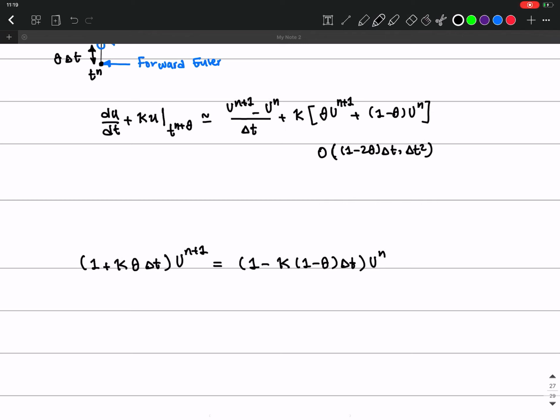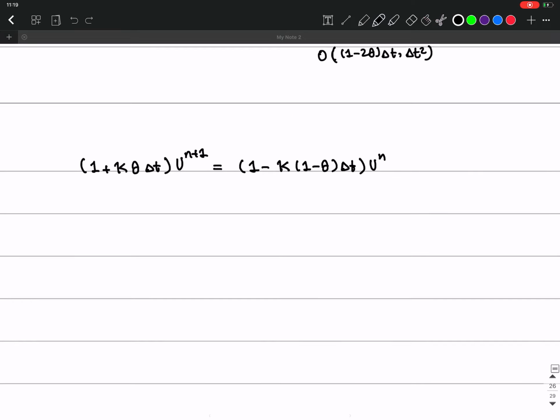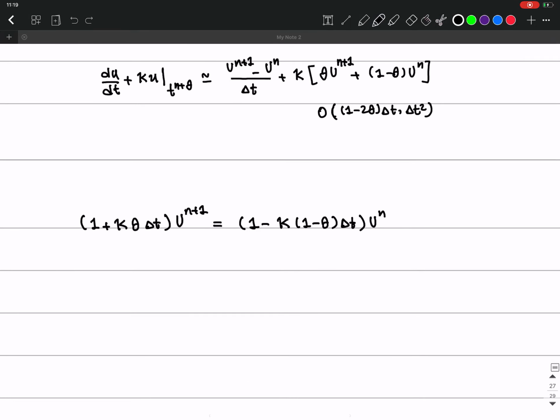Okay, I just rearranged the terms here, and got this equation, and now I want to write un plus 1 equals 1 minus kappa 1 minus theta delta t over 1 plus kappa theta delta t times un.